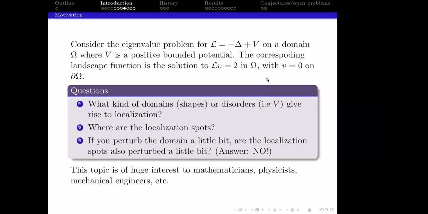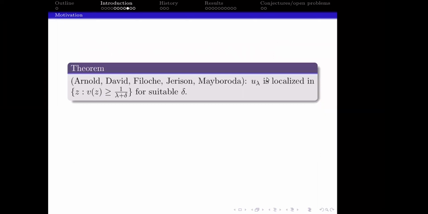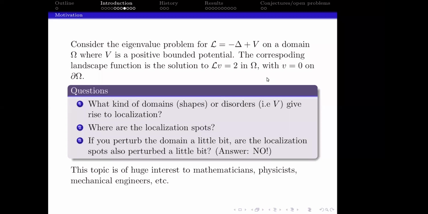Okay, so what's the connection to our problem with all this localization? It is this landmark paper by a bunch of very famous mathematicians, Arnold, Guy David, Marcel Filoche, David Jerison, and finally my advisor, Svitlana Mayboroda. They looked at this kind of operator, L is minus Laplacian plus V, let's say on a square or something.